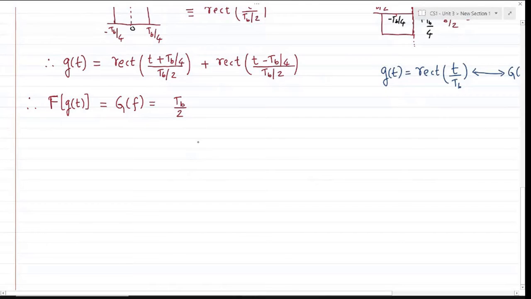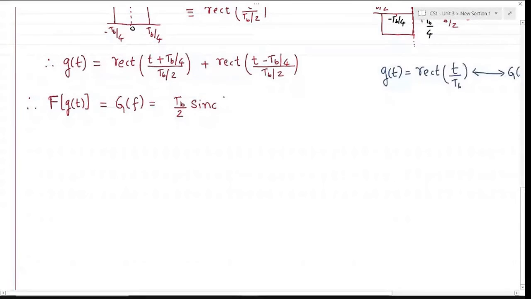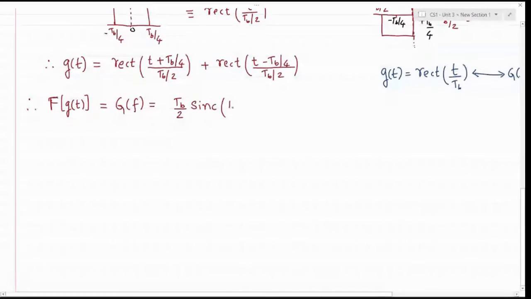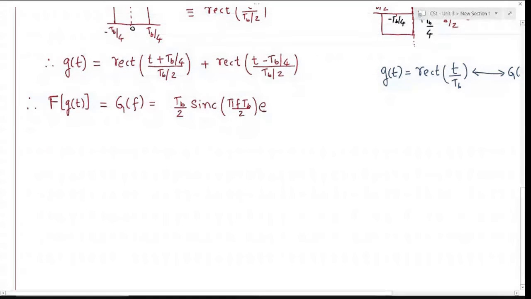So this is tb by 2 times sinc of pi f tb over 2, and I know that time shifting of the function results in an exponential part in the frequency domain, which is e power j omega tb by 4. So this is the first part.